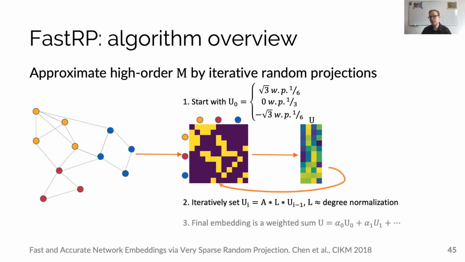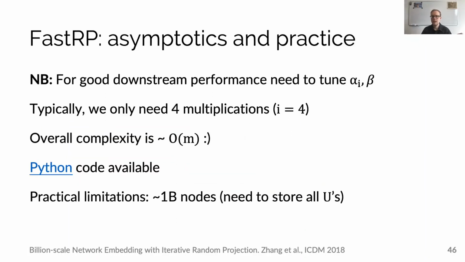The final step is exactly the same. We have a combined weighted sum with weights that are set by the authors by the parameters alpha and beta. We need 1 more multiplication than RandNE to work well in practice for whatever reason. The overall complexity depends only on the number of edges in the graph. The Python code is available and it's fast.